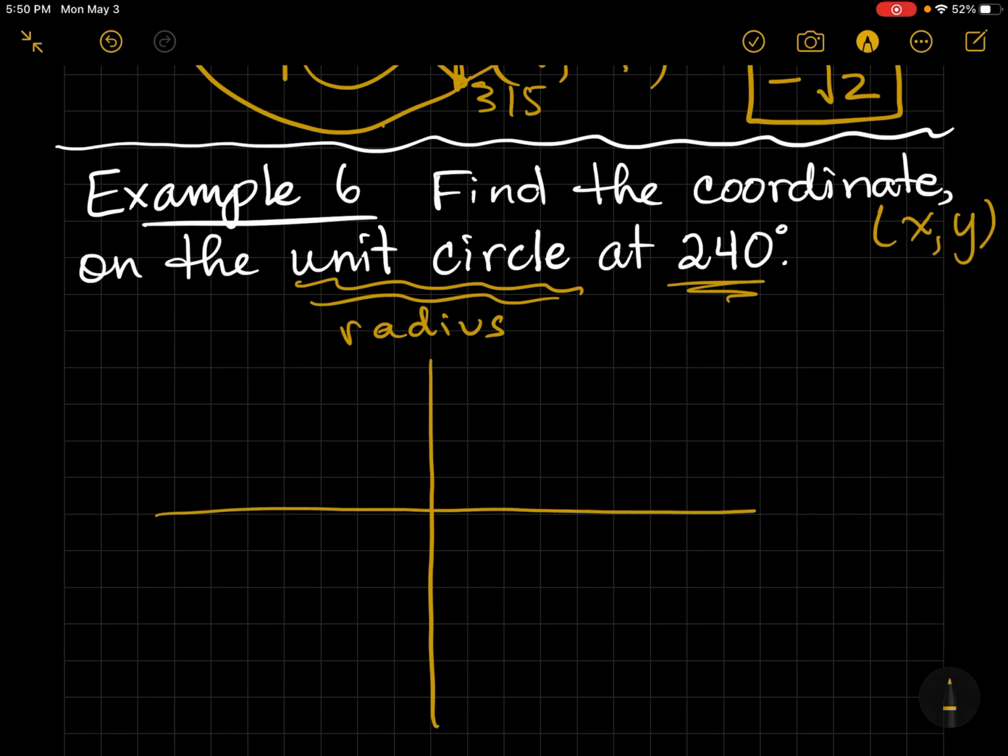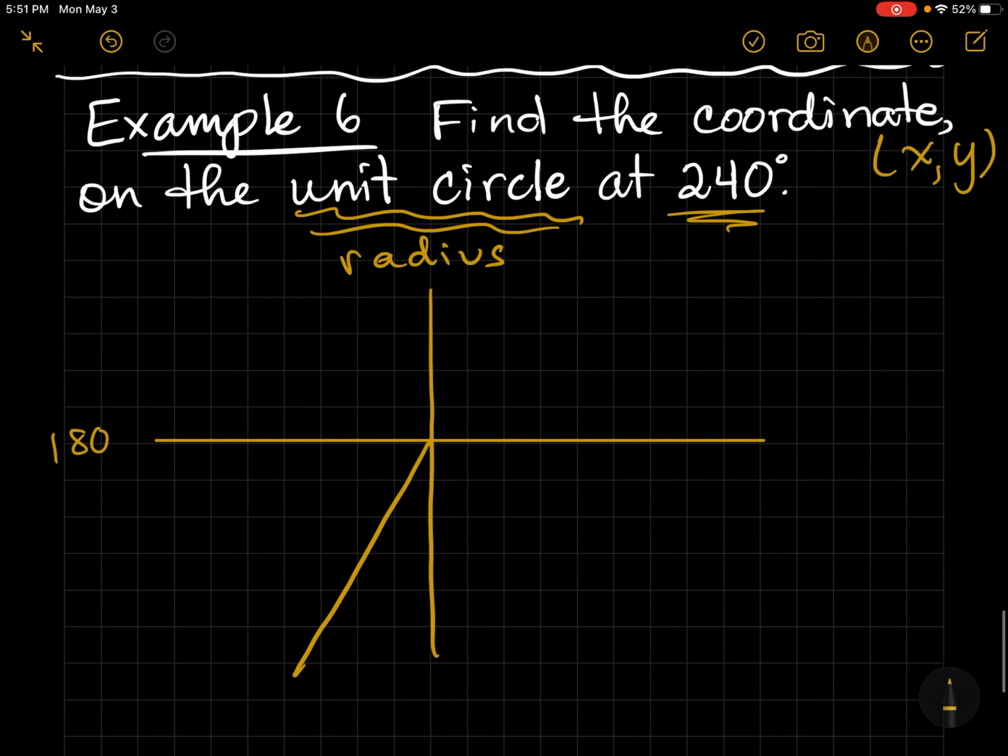So what we're going to do is first sketch 240. Okay, this is 180 and this is 270, which I really should not concern myself about, because although it's closer to that y-axis, you only make your reference touch the x-axis.